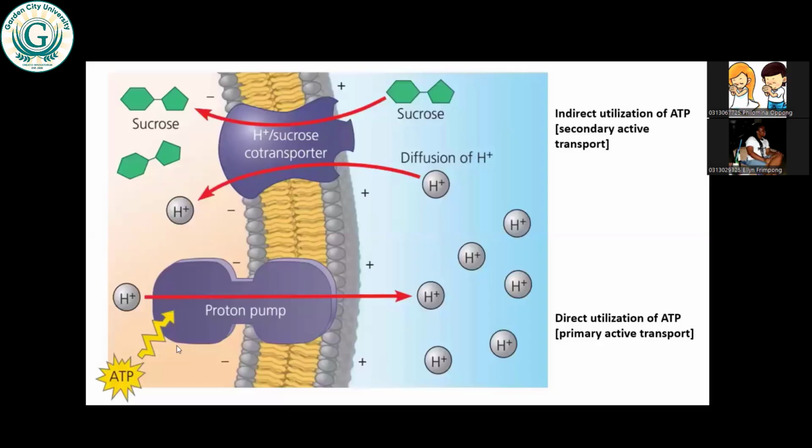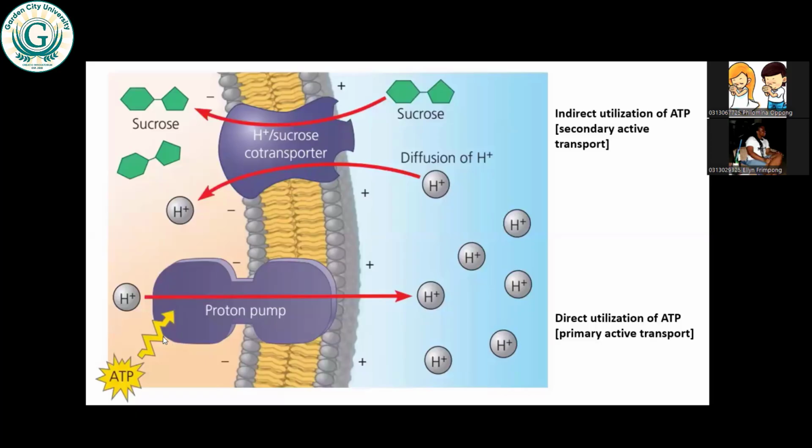As the breakdown happens, energy is released to change the shape of the pump, so that the inside now faces outside. When that happens, the hydrogen ion is released to the external.